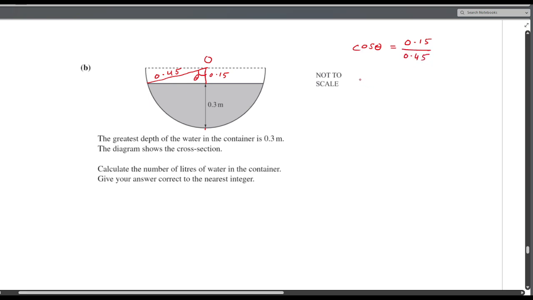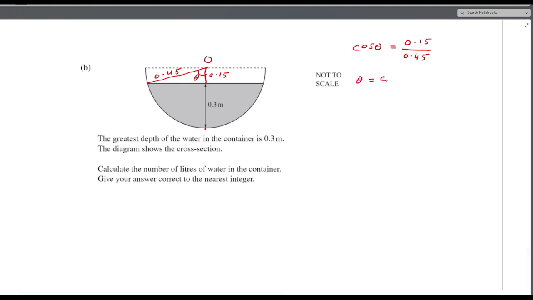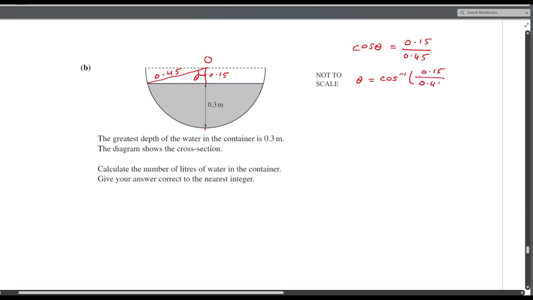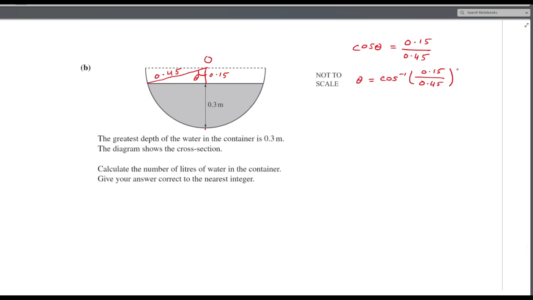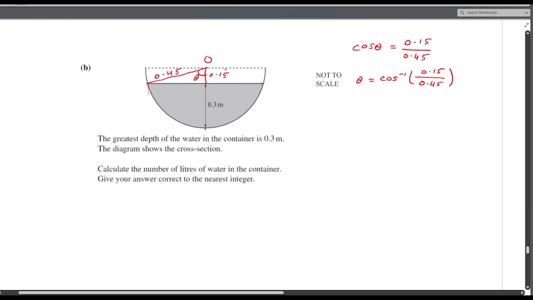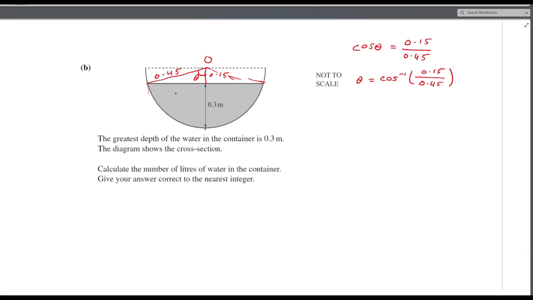So by this my theta will be equal to cos inverse of 0.15 divided by 0.45. Now if I find area of this whole sector and then subtract these two triangles, one triangle, and this other triangle, then I will get this area.